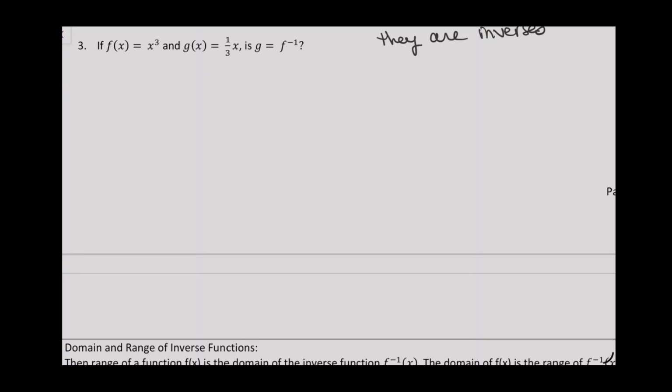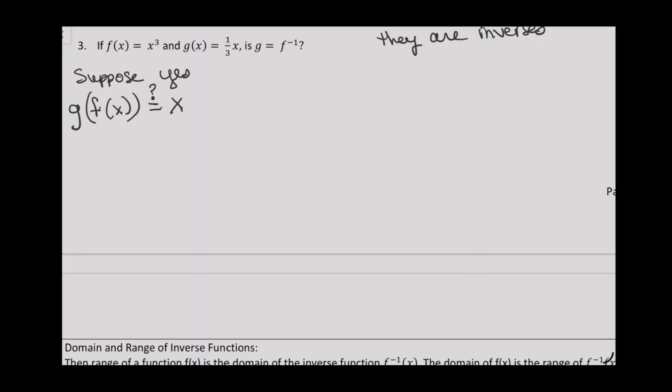All right, there's 2 different ways to do this. One is if they are inverses. So let's test it. Suppose yes. Okay, if it is, then f of x plugged into g should be x. And this will be a true statement if they're inverses.